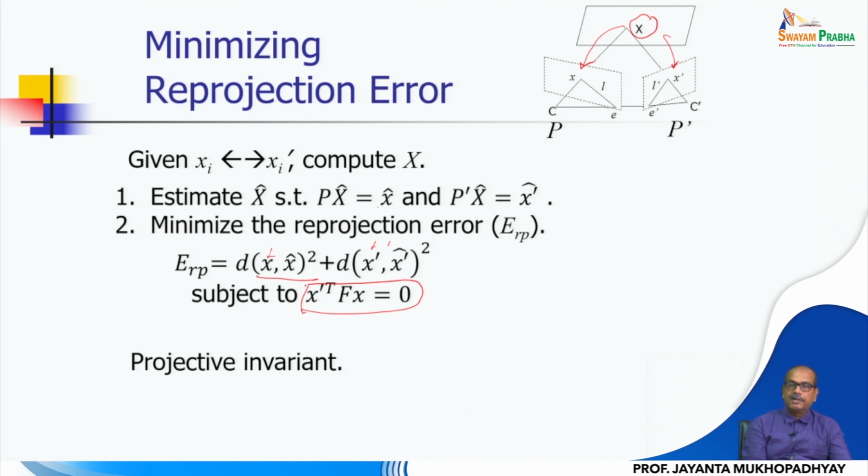So you solve this problem iteratively, and finally the set of scene points gives you the scene point from X and X prime. The corresponding points are given, so you go on doing these things till you get this solution. This method is projectively invariant.